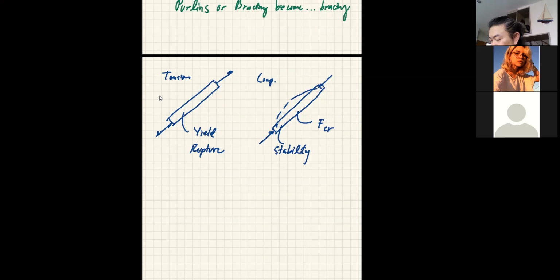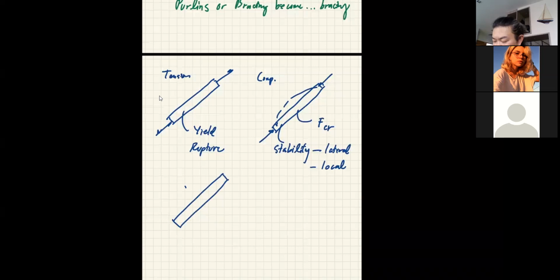And we have lateral buckling, and then we also have local buckling, which may prevent your member from ever reaching the F critical. But now we move on to another affair, which you should be familiar with. Now we have flexure.